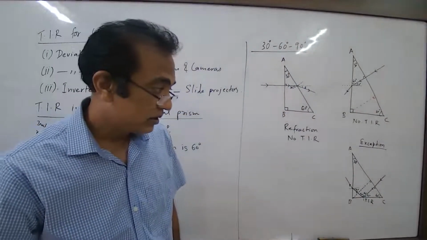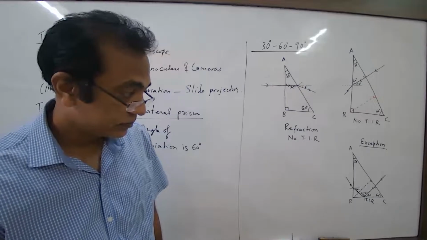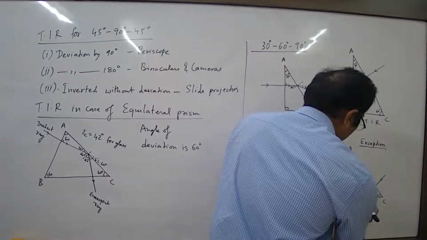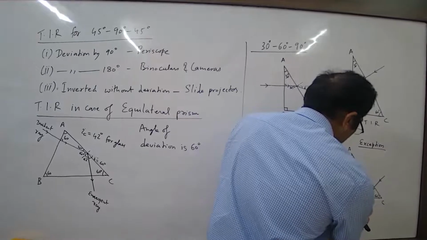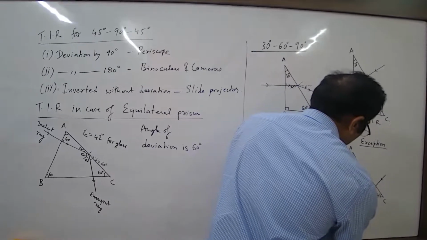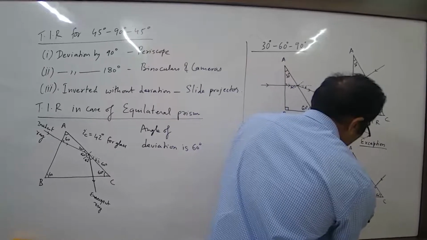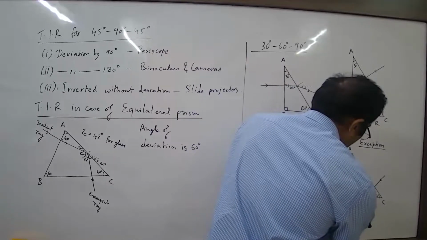Now what is the angle of deviation? So this is the incident direction. And the deviation is this. Right? This is the angle of deviation.